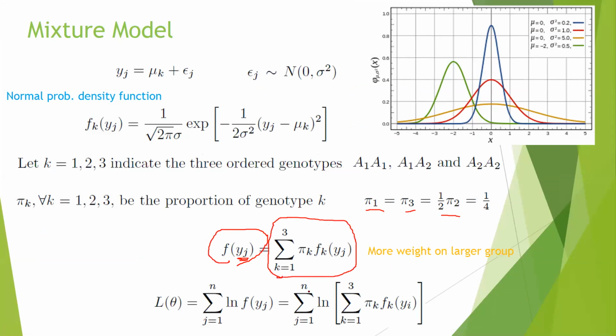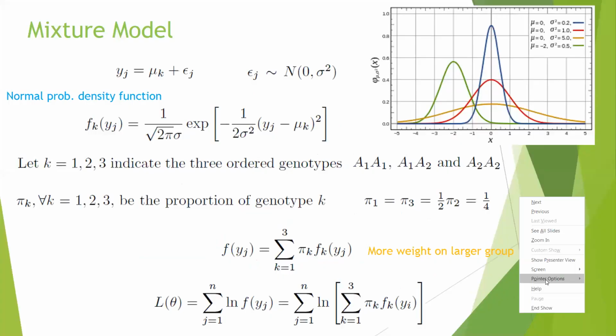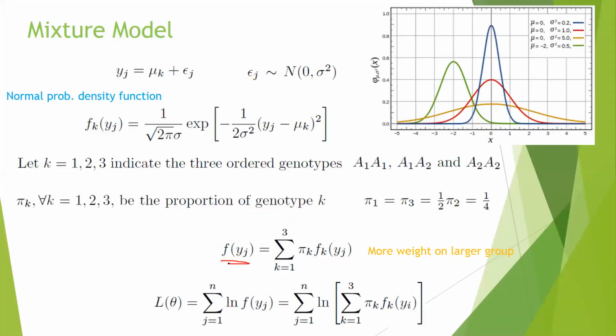If you look at the mixture model, the single density function is actually the sum of 3 sub-density functions. So for each individual, we can use the sum of 3 sub-density functions to represent a single density function.